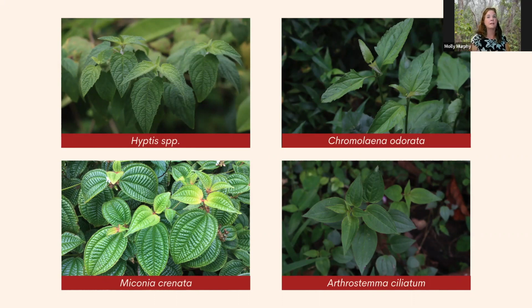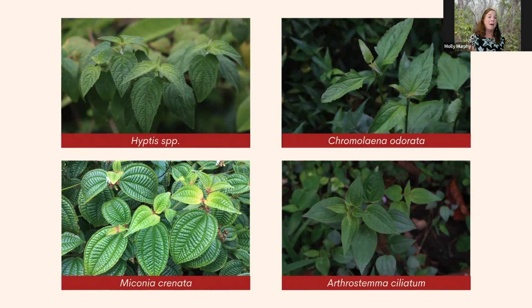Then on the bottom right, we have Arthrostemma ciliatum, which is a really common invasive weed here in East Hawaii. It looks similar because it does have those longitudinal veins, and the leaves do look somewhat similar. But one way we can tell the difference is there is no serration on the Arthrostemma ciliatum. It's just a clean edge on the leaf.